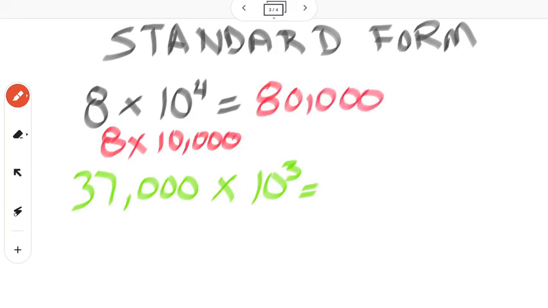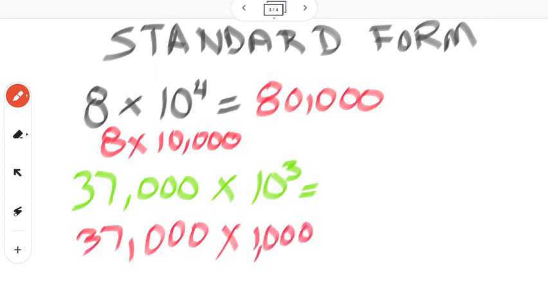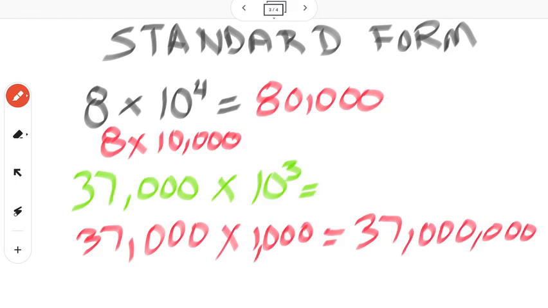That is how we would answer that. And then when we're looking down below, the second one, we have 37,000 times 10 to the 3rd power, and 10 to the 3rd power is 1,000. So when we multiply, we're going to have an answer of 37 million. That's our standard form.